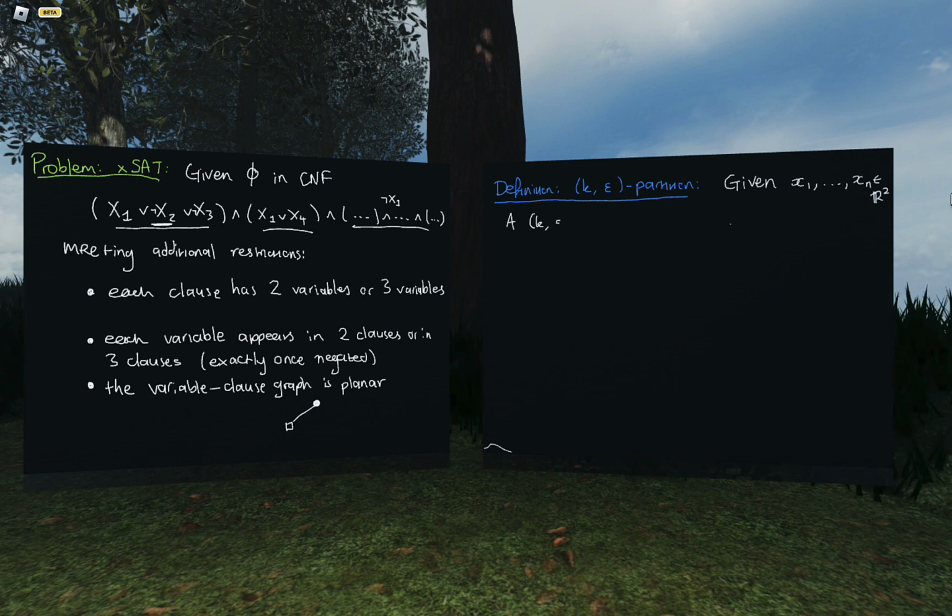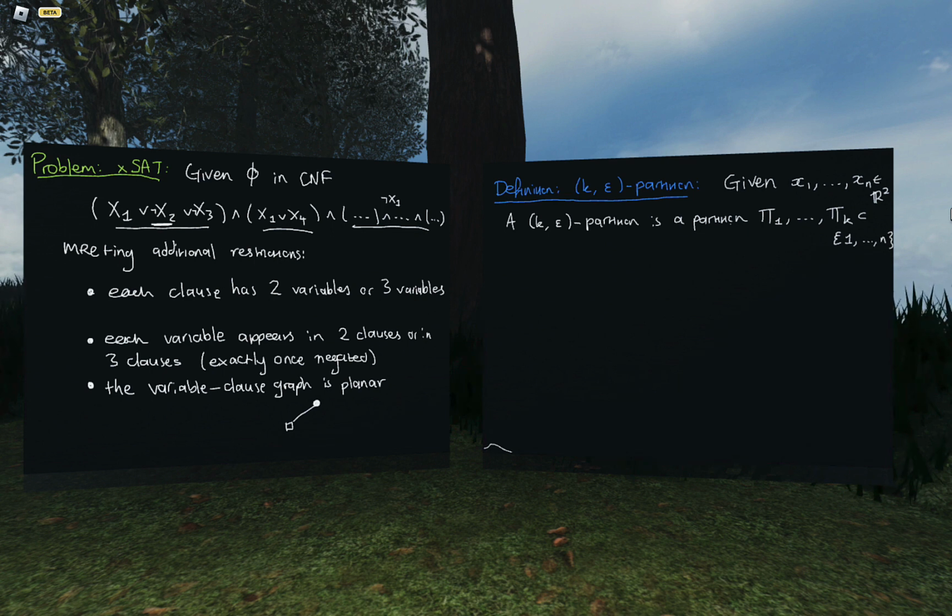A K epsilon partition is a way of grouping the points into at most K groups. So it's a partition into K sets, but I guess it's a bit weird to call it a partition because some of these sets are allowed to be empty. They're just not allowed to overlap. Each of these is a subset of the indices 1 through n.